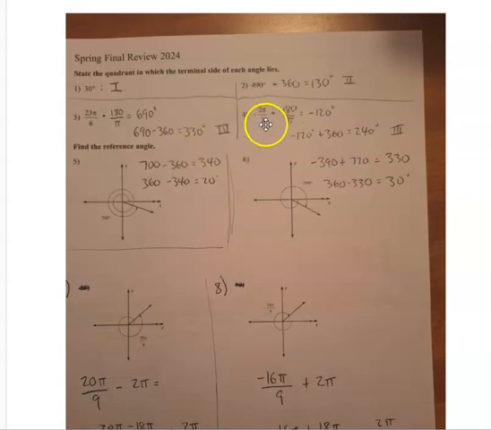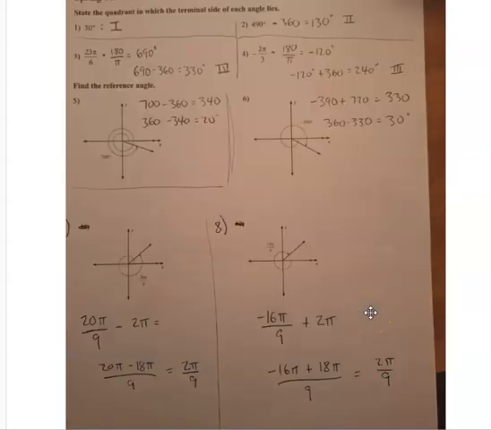For number 4, you multiply that times 180 over pi, you get negative 120. When it comes to negative degrees, I wouldn't be subtracting 360. I'd be adding 360. That makes it a positive number between 0 and 360, and you get 240, and that's quadrant 3.